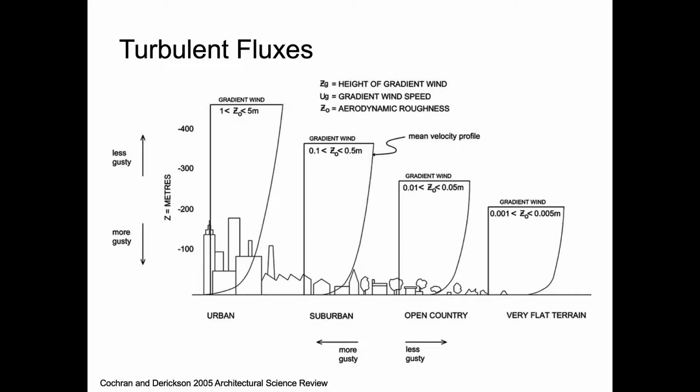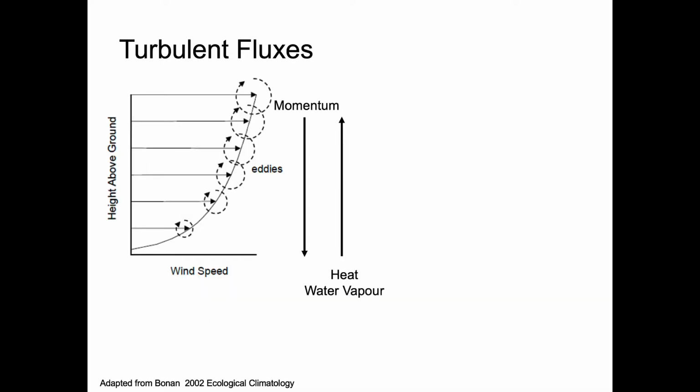And the effect that this has on the wind speed close to the surface is that when there are more complex structures, they exert a larger drag force on the flow and generate more turbulence. This logarithmic wind profile provides a conceptual diagram of how turbulent mixing results in the eddy transfer of momentum to the surface, while heat and moisture are carried away from the surface.